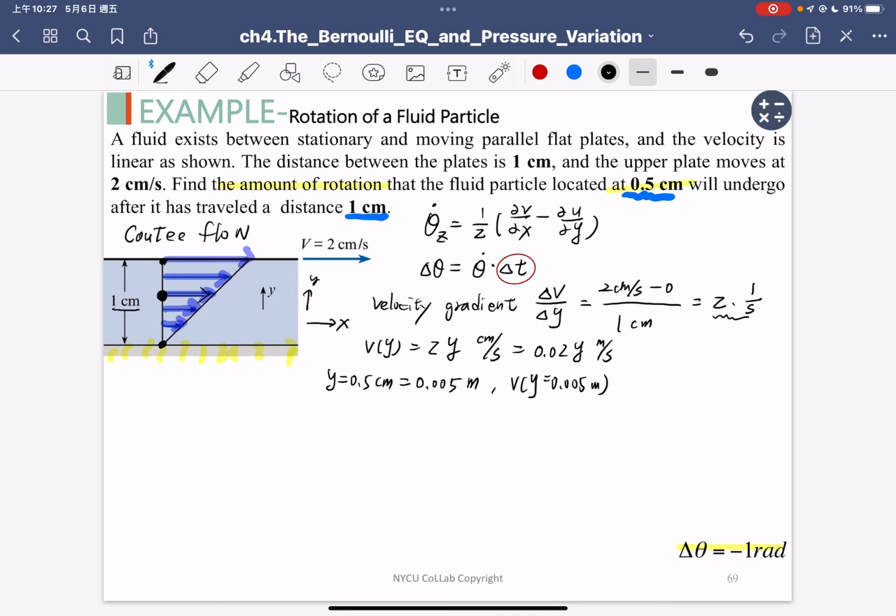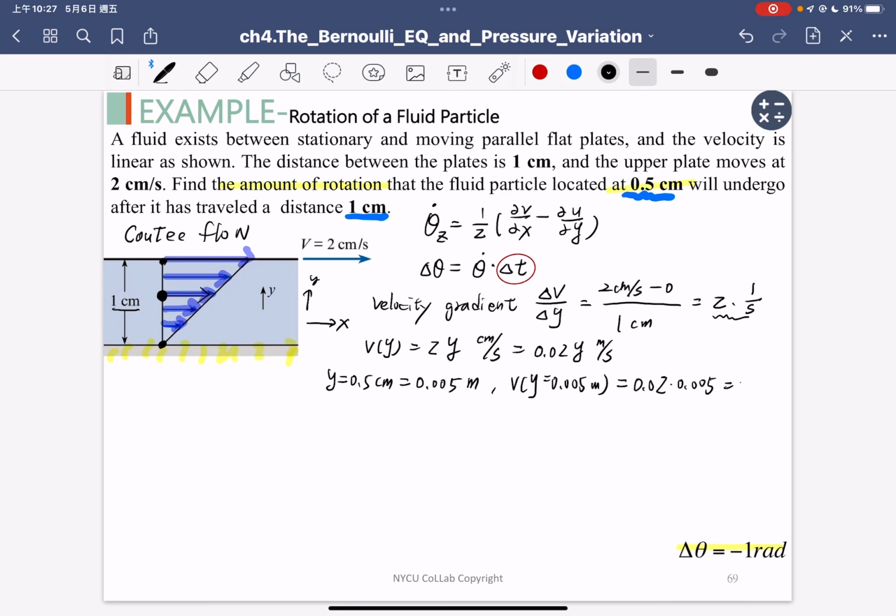Then we put the number inside, so you can calculate the velocity by multiplying by 0.005. So you can know how large the velocity is at the location y equal to 0.5 centimeters.